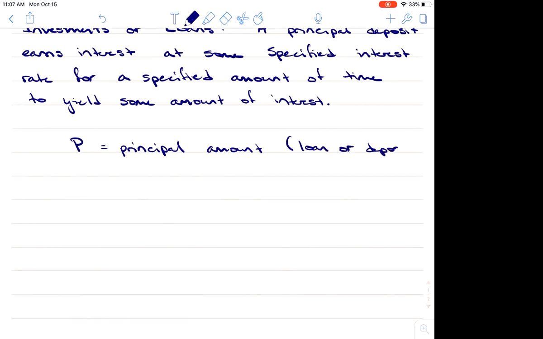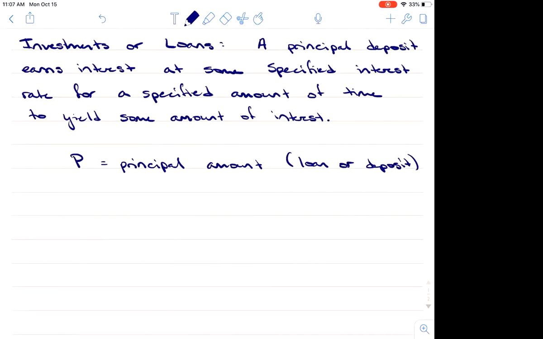It doesn't matter. It earns interest at some specified interest rate, which we're going to denote by a lowercase r.